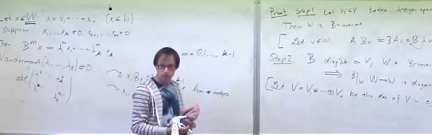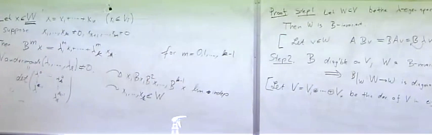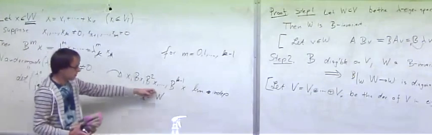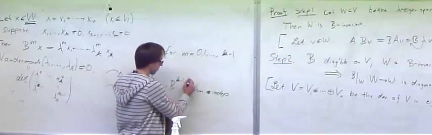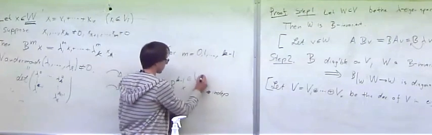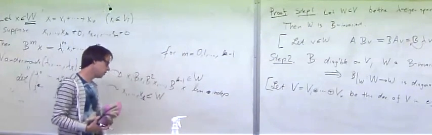So the lambdas are distinct eigenvalues. Exactly. So I started with an element of my invariant subspace. So all these elements are linearly independent, and of course they are elements of W, because this was an invariant subspace, and I just applied B repeatedly.